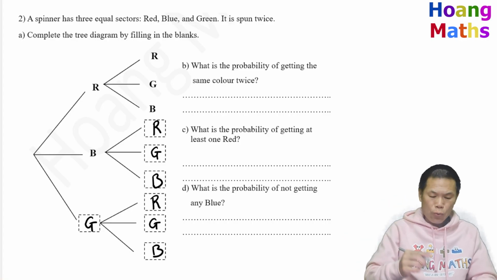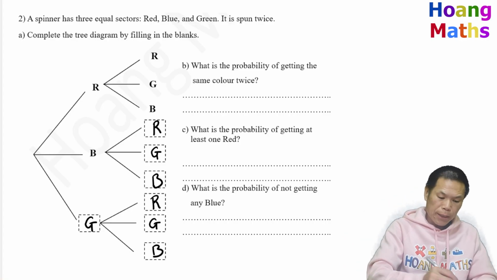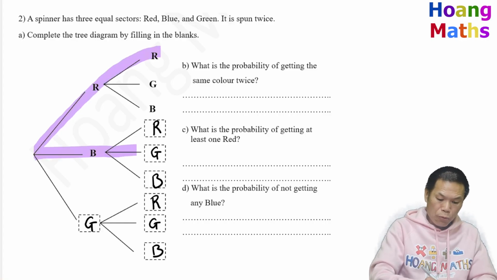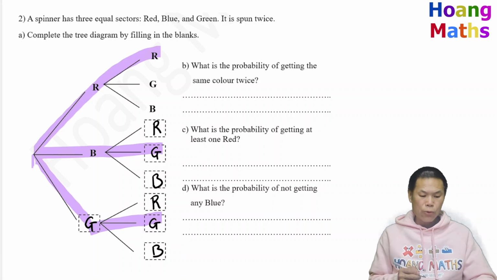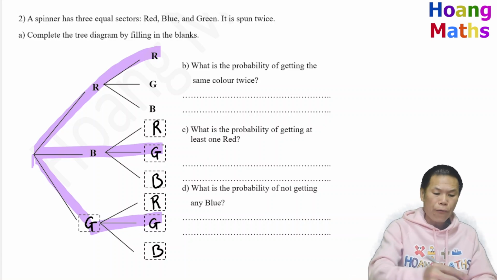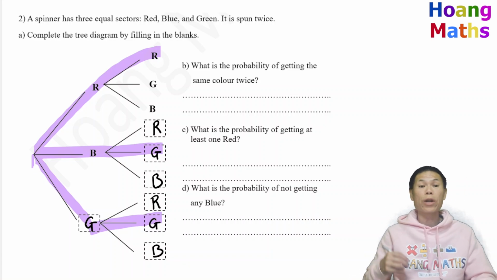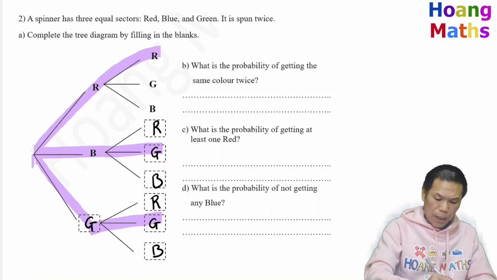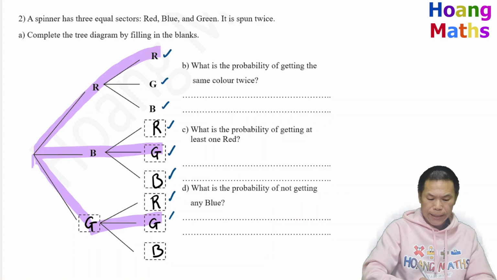So now part B, what is the probability of getting the same color? So first of all, we know that same color means this branch here, red, red, blue, blue, green, green. So there you go. So that means 3 out of. So let's count the total number of outcomes. 1, 2, 3, 4, 5, 6, 7, 8, 9.